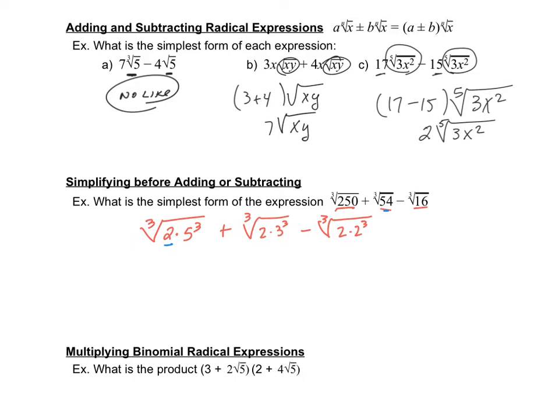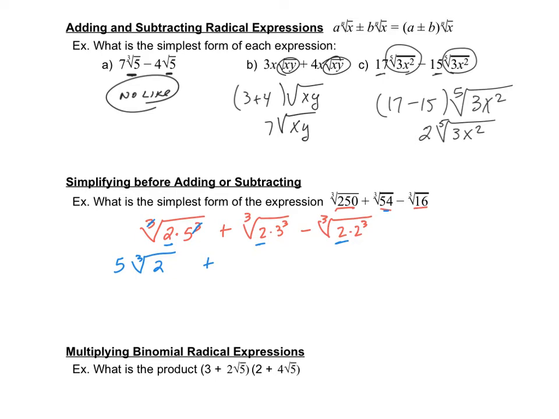Goodness, I may have said all that wrong a second ago, but as we simplify this, I have the cube root of 2, and then the cube root of 5 cubed is going to give me a 5, because those cancel out and bring that 5 outward.